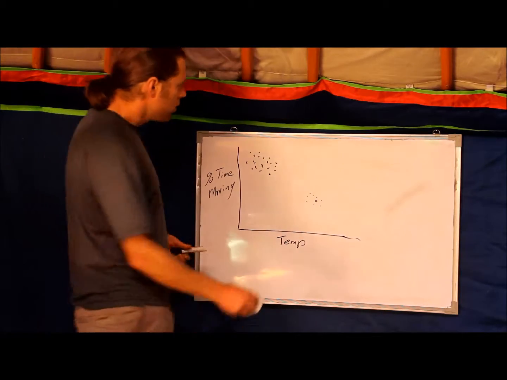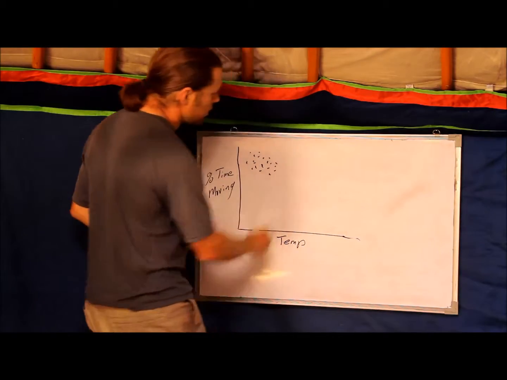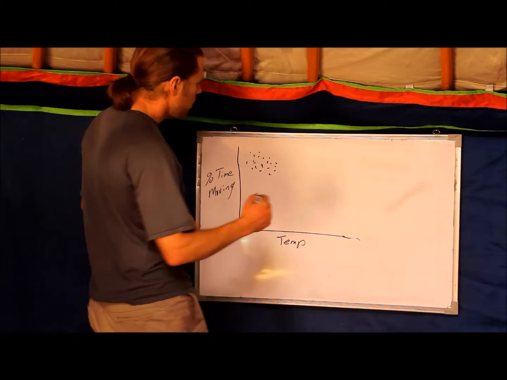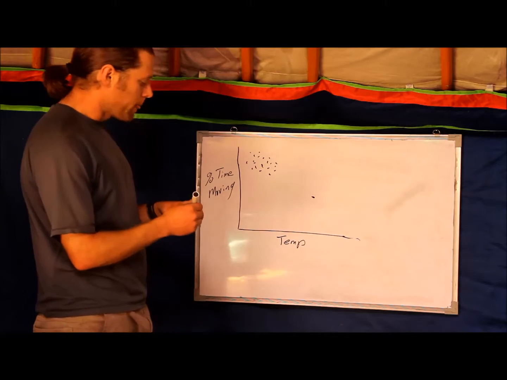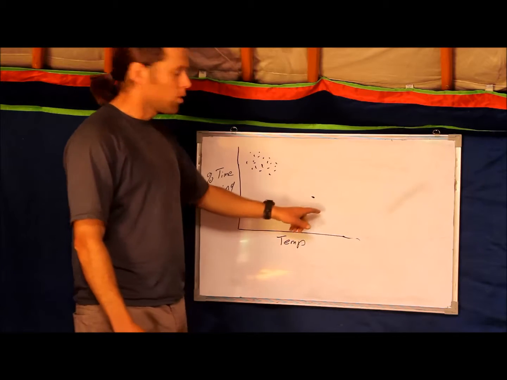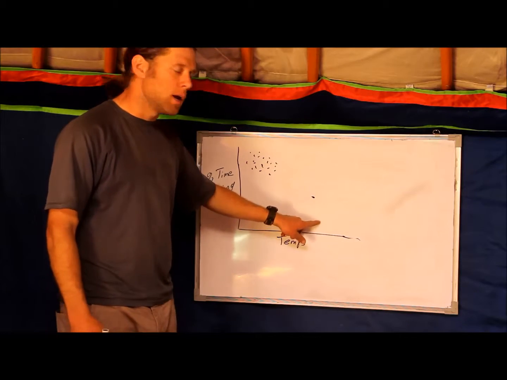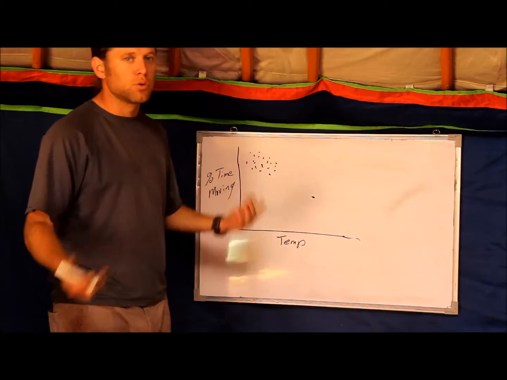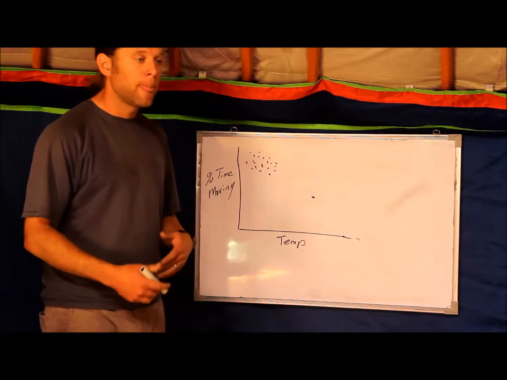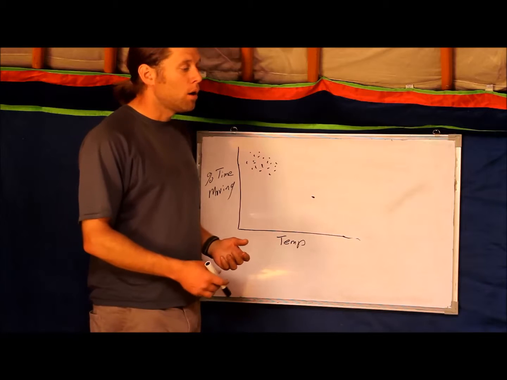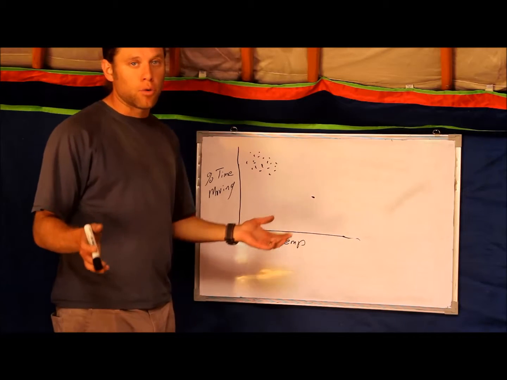But oftentimes you can't, right? Let's say you're looking at this relationship and it takes a really long time to get another point, because these very hot days are very rare. This happens, for example, if you're looking at relationships between precipitation and plant growth.